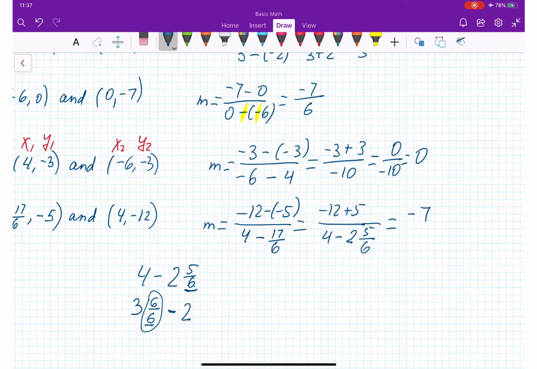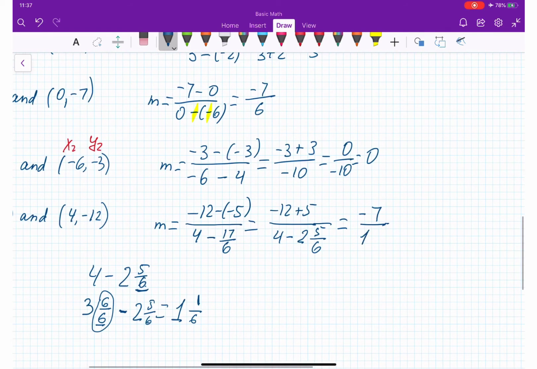So minus 2 and 5 over 6. 3 minus 2 is 1, and since the denominator is the same, I do 6 minus 5 is 1. Very easy. 1 and 1 over 6. Now I'm converting to an improper fraction, because to divide a mixed fraction I have to convert it into an improper fraction. Okay, let's write down 1 and 1/6.